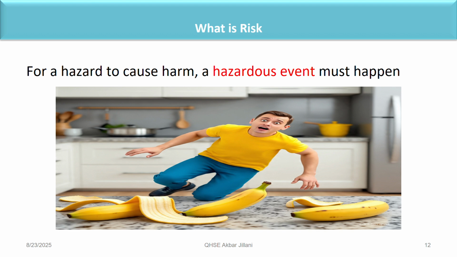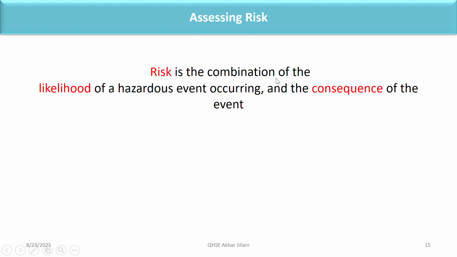So, the banana skin is a hazard. When we put our foot on it, it's a hazardous event, and we fall down and get injury. This is the consequence. In this way, assessing risk. Risk is the combination of the likelihood of a hazardous event occurring and the consequence of the event.